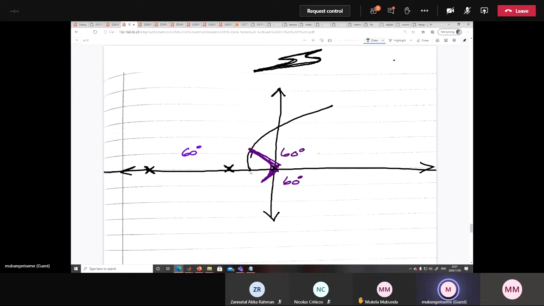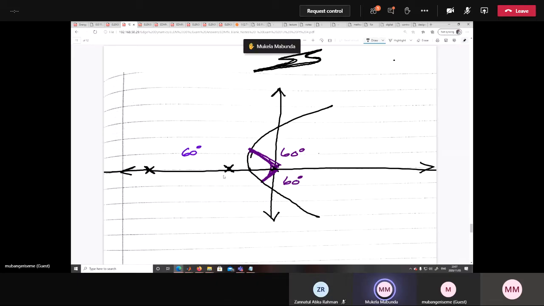This point here. What's the breakaway point? Breakaway point should be, just check what was this, -3. So there are 2 breakaway.